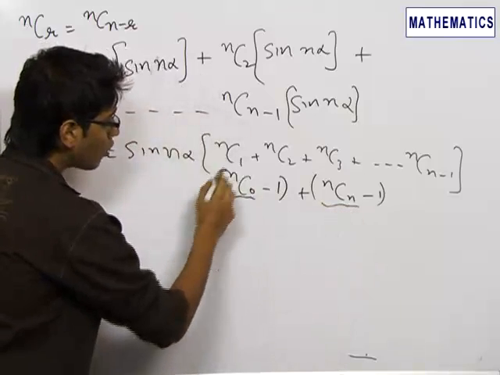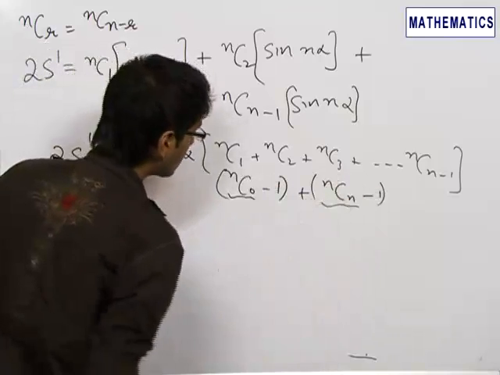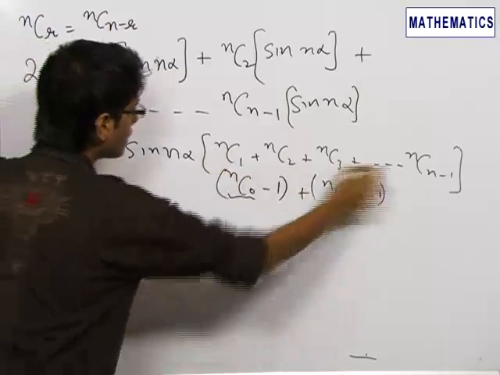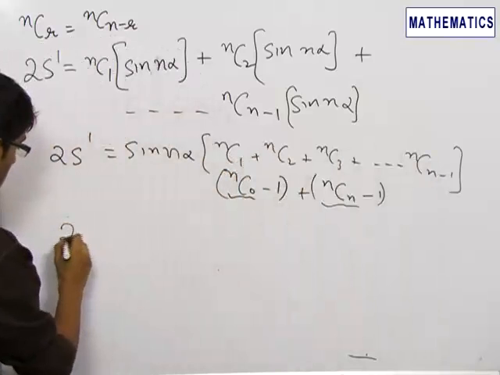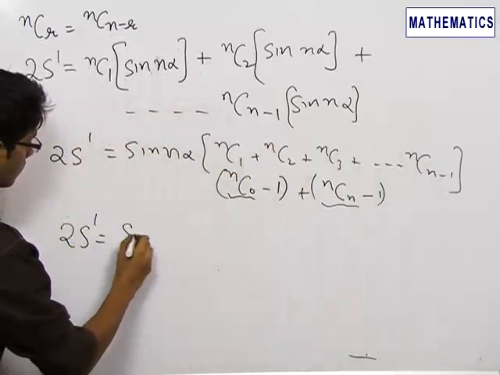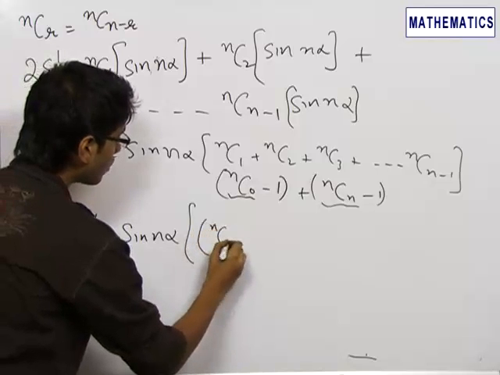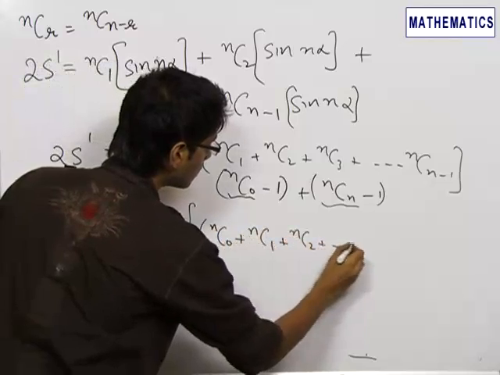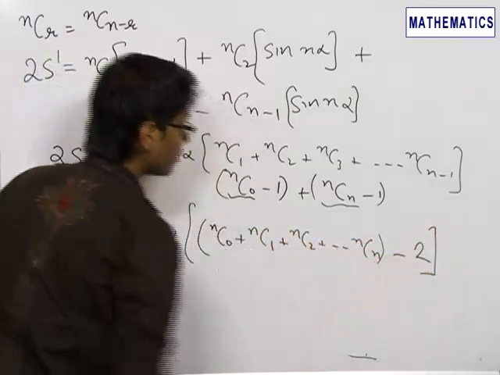So we add an NC0 and subtract a 1, and similarly add an NCn and subtract a 1. Now clubbing this NC0 and NCn with this expression of NC1 plus NC2 up till NCn minus 1, we get 2S dash is equal to sin n alpha into NC0 plus NC1 plus NC2 up till NCn, minus 2.